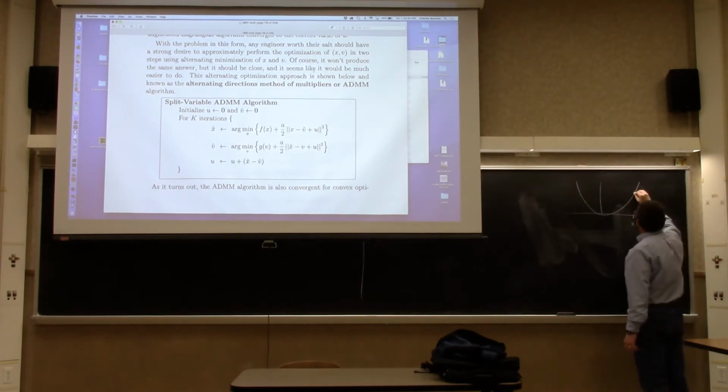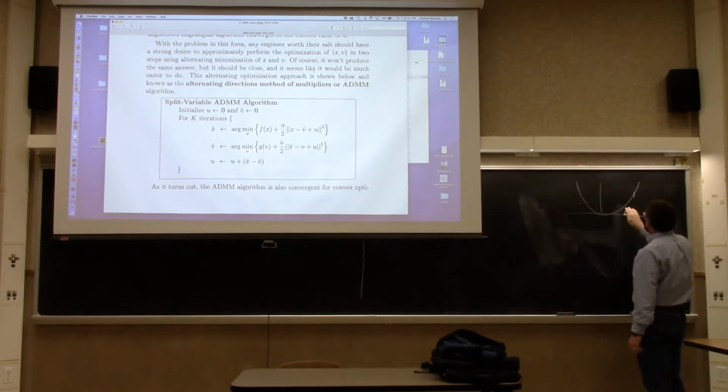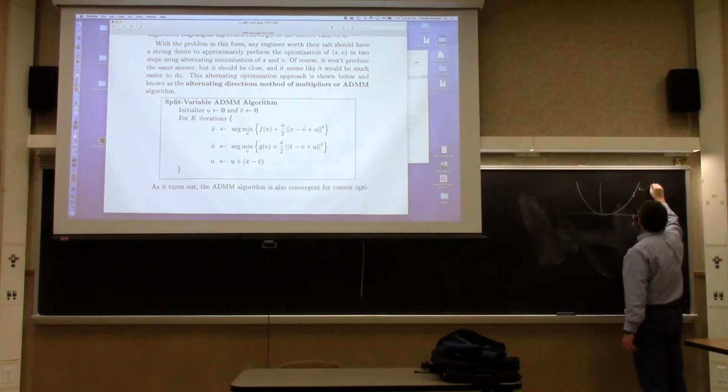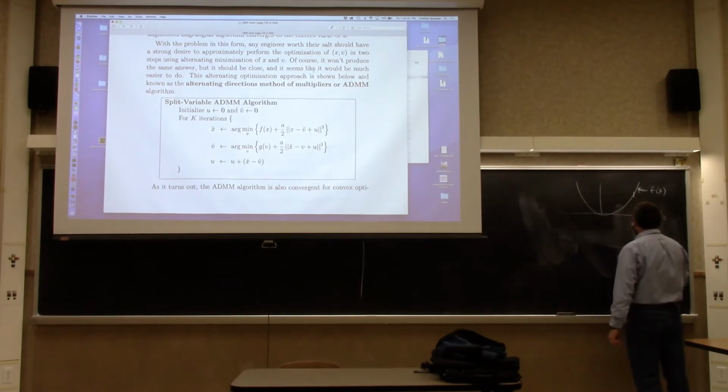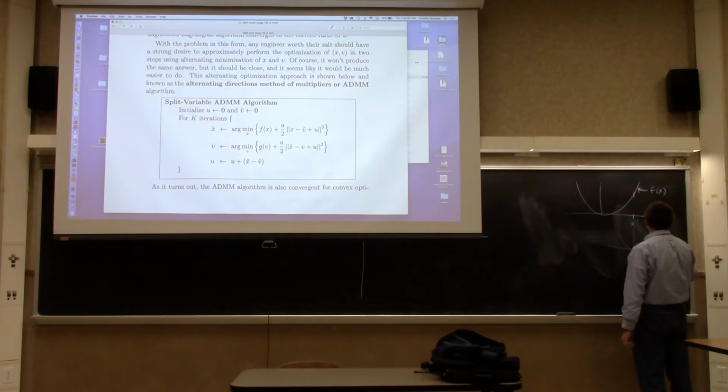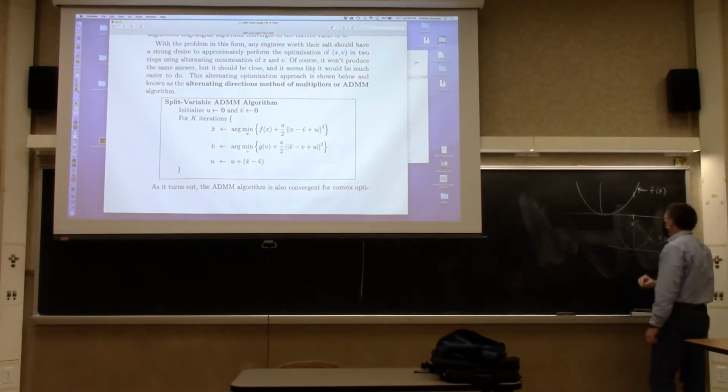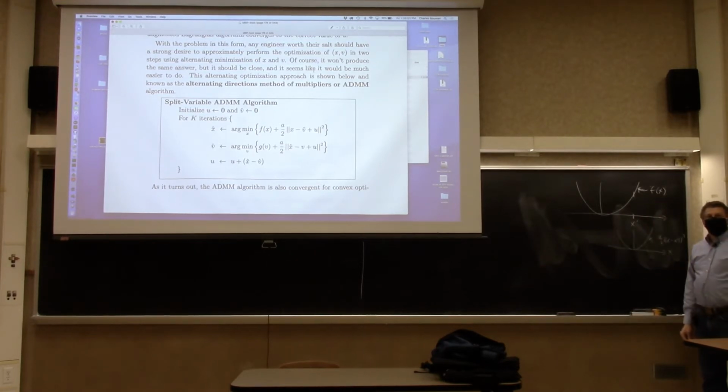Then what happens is that you add to this function f of x a second function, which is a over 2 norm of x minus x prime squared, because that's just the distance.